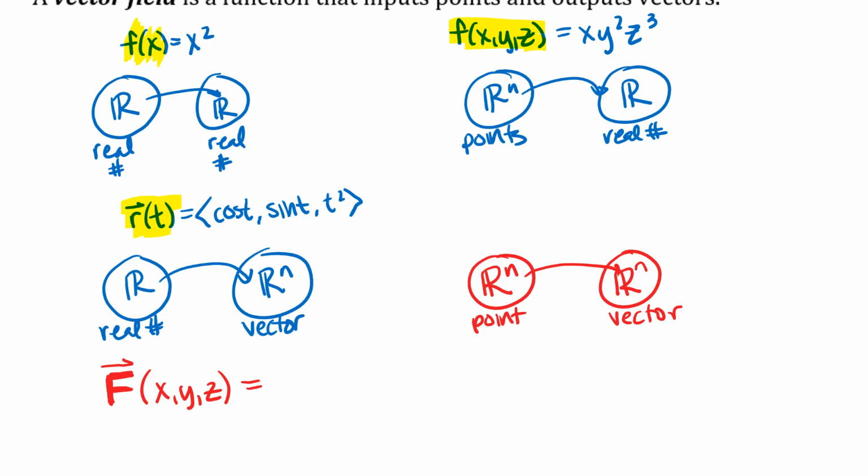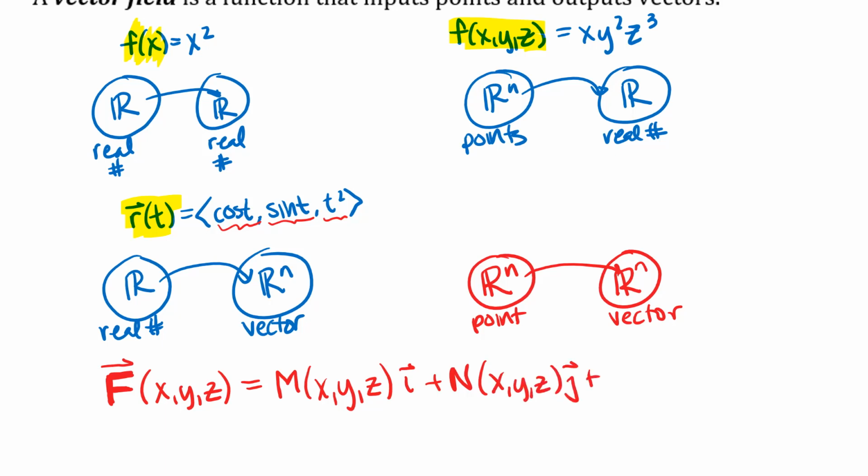So I can use the brackets and commas or the i, j, k notation. But just like for the r of t, we've got little functions in each component. And our textbook, and this is pretty common in other books as well, likes to use M for the function that gives the i component of the vector, and N for the j component function.